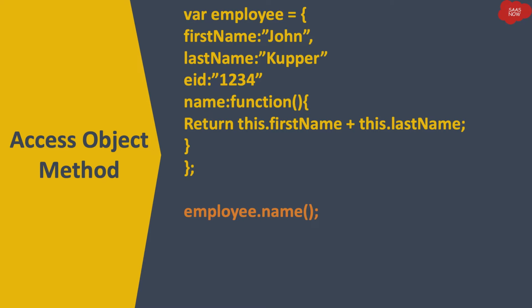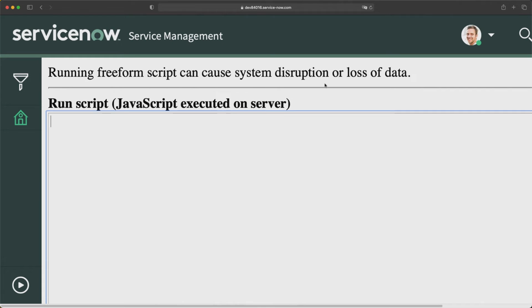But I'm just going to show you how objects work in JavaScript with an example in ServiceNow, and that is also a background script. This is my personal developer instance.